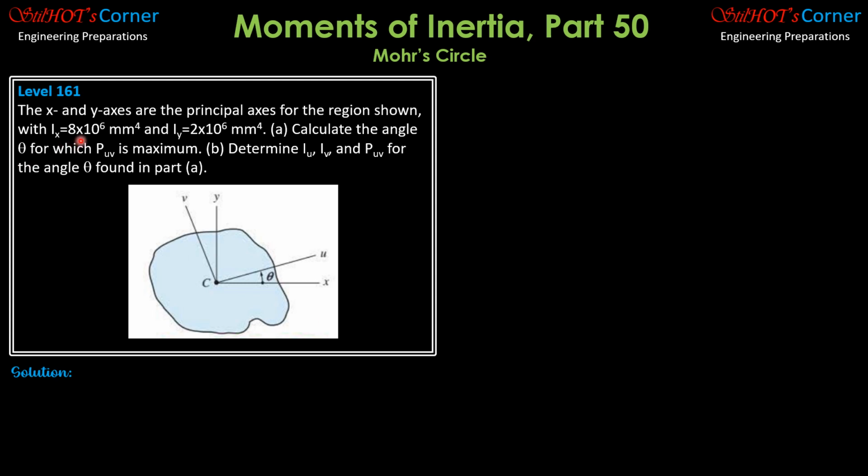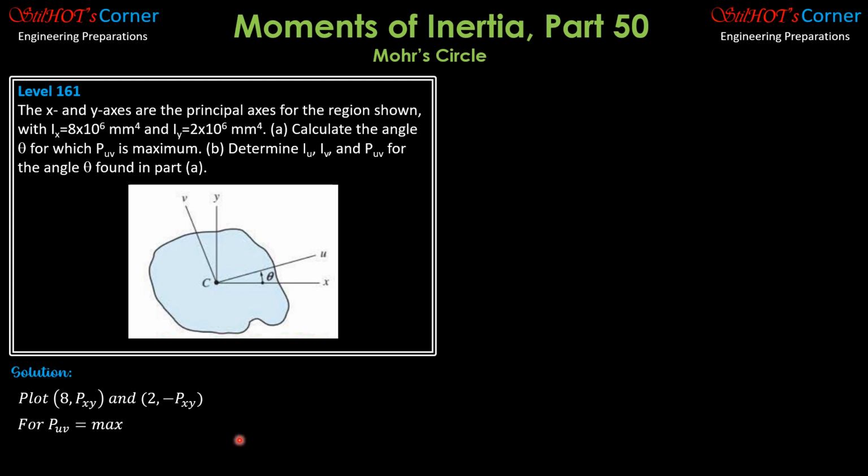For the solution, we should plot 8 times 10 to the 6. So I'll just call it 8 comma Pxy. The other point is 2 comma negative Pxy. For PUV to be maximum, Pxy should be 0 and PUV should be equal to the radius of the Mohr circle.